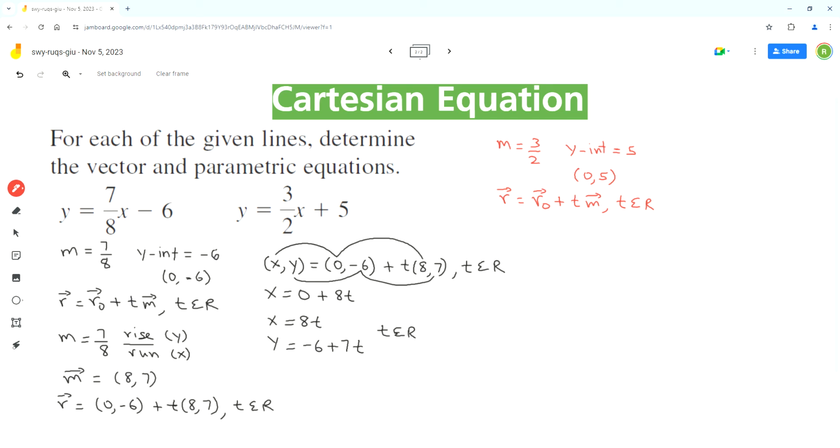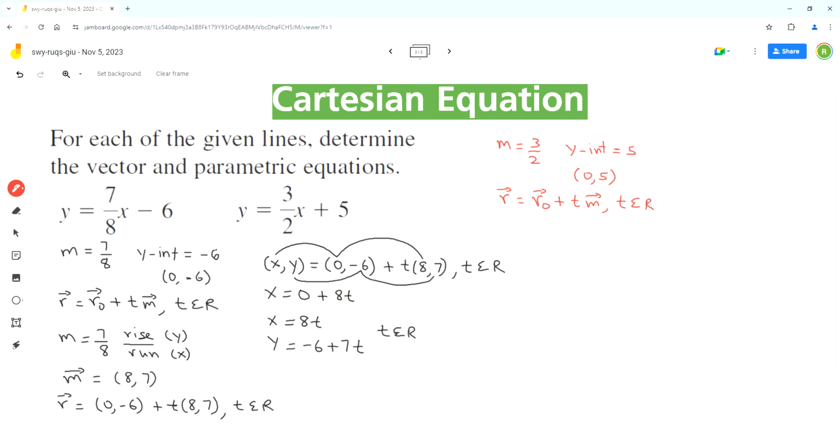So vector r represents the position vector of an unknown point on the line. Vector r naught represents position vector of a known point on the line. T is the parameter and it can be any real number, and vector m is direction vector.